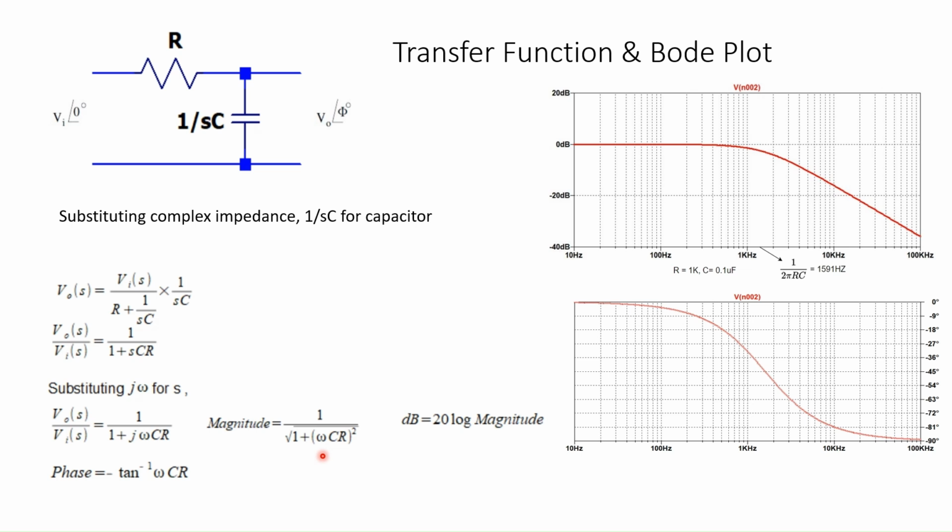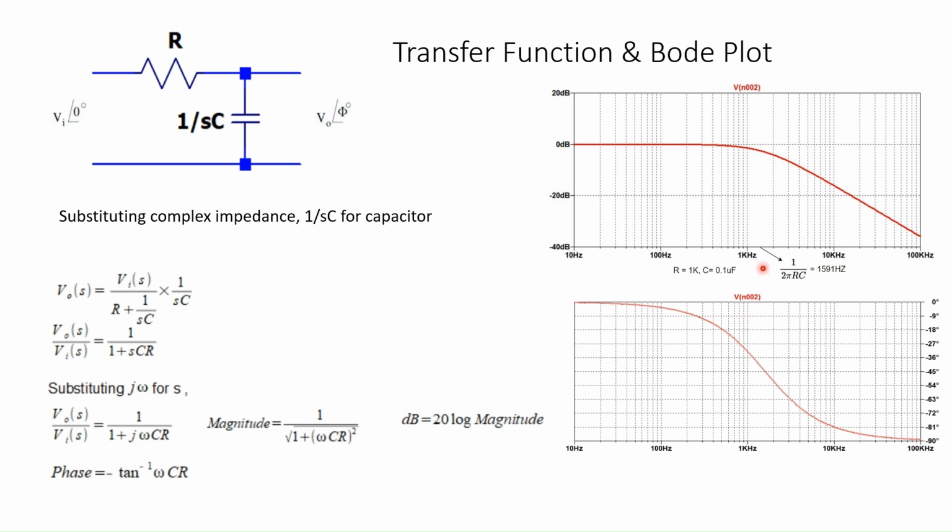When omega is equal to 1 over RC, this term is 1, and when omega is much less than 1 over RC, this term will be much smaller than 1. So the magnitude will be 1, and in dB 20 log 1, that is equal to 0.